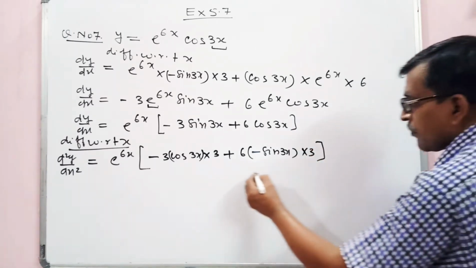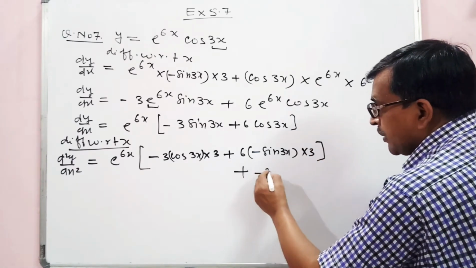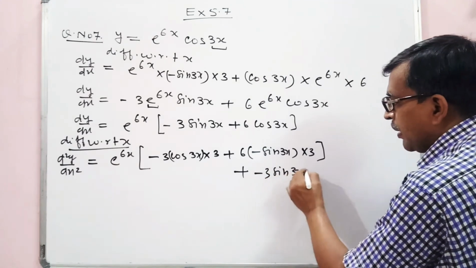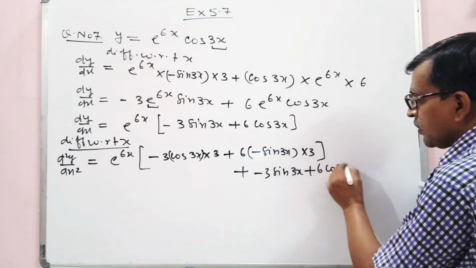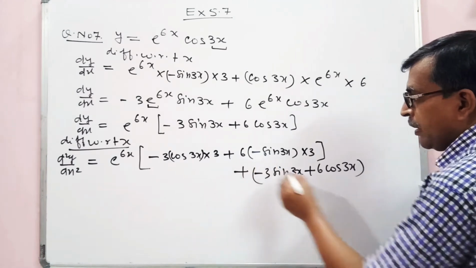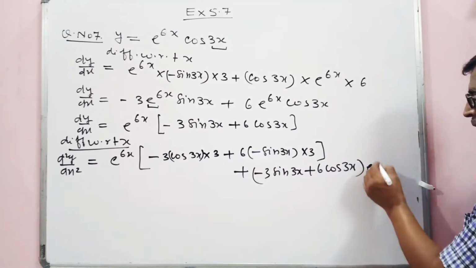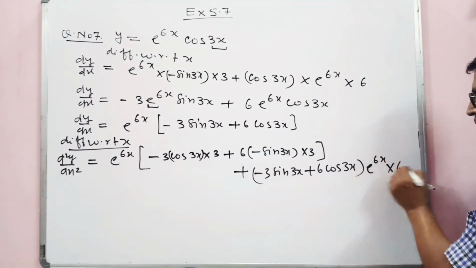Now (minus 3 sin 3x plus 6 cos 3x) times the differential of e raised to power 6x, which is e^6x times 6.